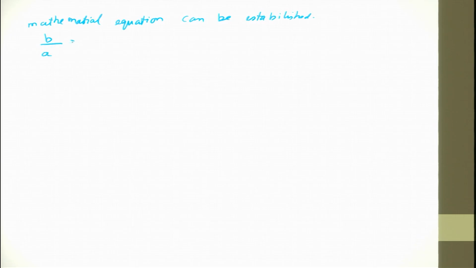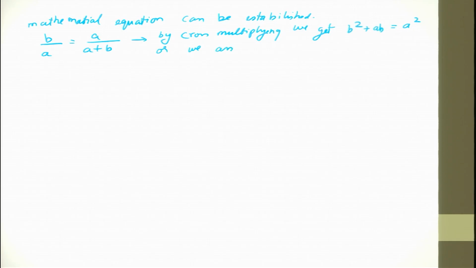B by A equal to A plus B by, cross multiplying, we get B square plus AB is equal to A square. If we assume B equal to 1, then A square is equal to A plus 1.